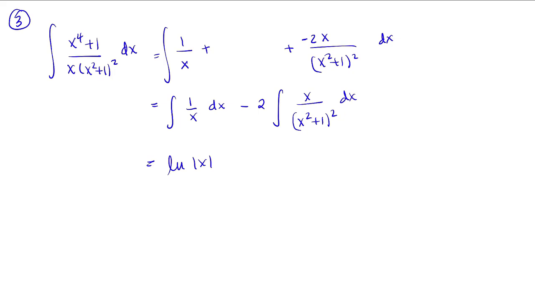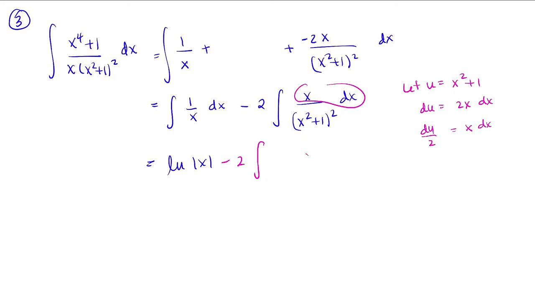So if we say, well, let u be equal to x squared plus 1, then du is equal to 2x dx. Therefore, du divided by 2 is x dx. So I can rewrite my integral as -2, the integral of x dx, which is just du divided by 2, times 1 over u squared, which I will conveniently write as u to the -2.